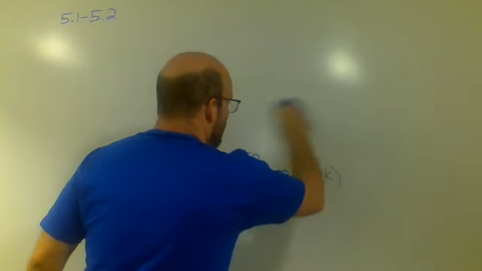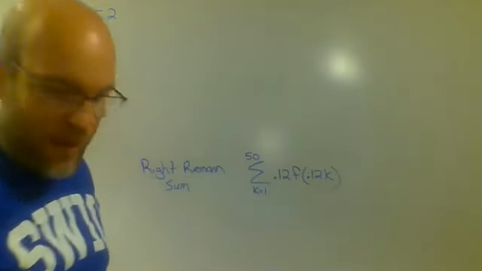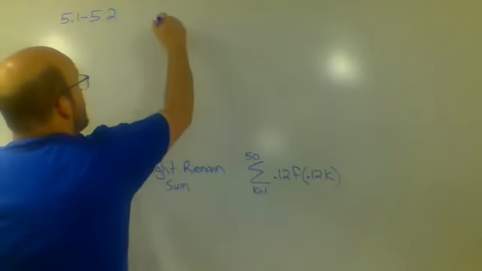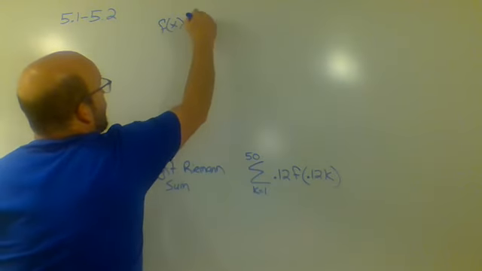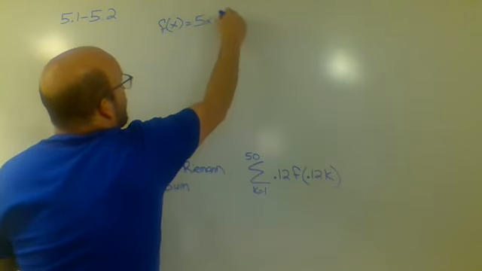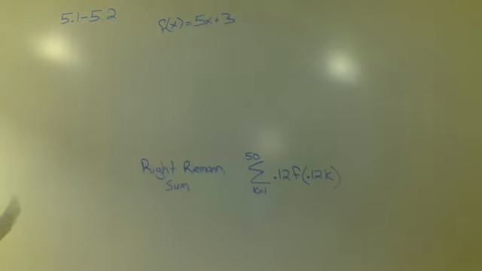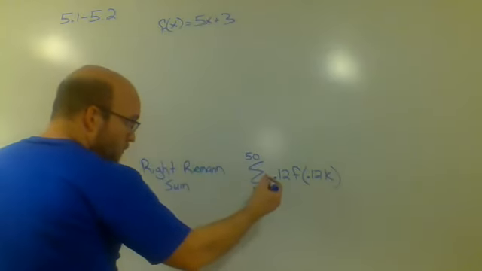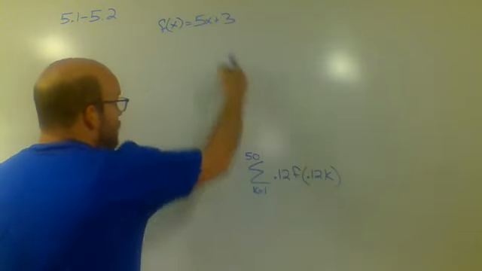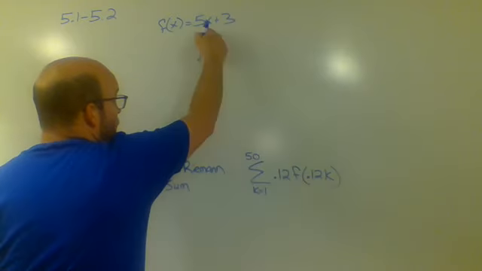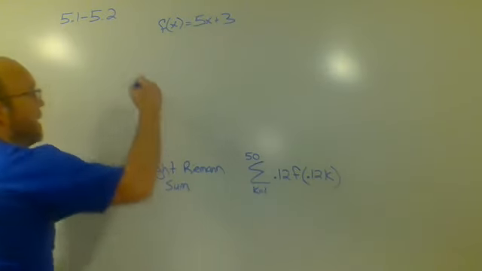Okay, so now that we have this, I maybe shouldn't have erased everything here, so we have to remember what the function was. So the function was 5x plus 3. Okay. And so here, if we're doing this sum, the first thing we would do is actually evaluate this function at the 0.12k.